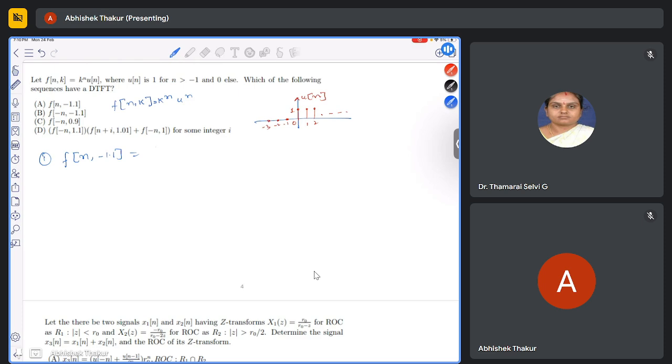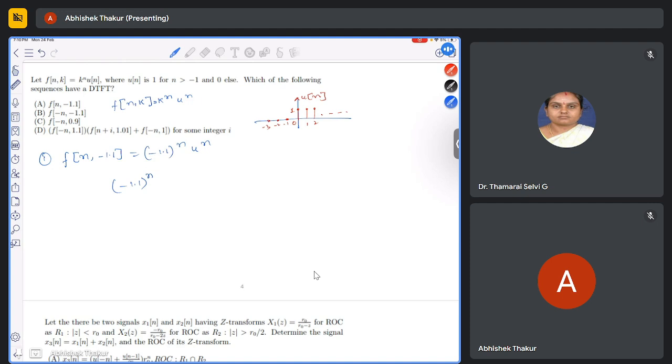Here u[n] is 1 only, so this is minus 1.1 to the power of n u[n]. You can see simply that minus 1.1 to the power of n is given.